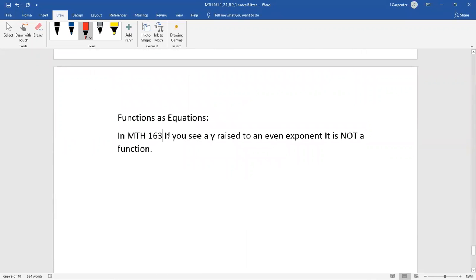So what about when we have the functions as equations? Like I write out y equals 3x plus 5, or y equals x squared minus 9, or y equals the square root of 2x plus 3, or 5x minus the square root of y equals 7, or x squared plus y squared equals 25. How do you tell whether they are functions or not?